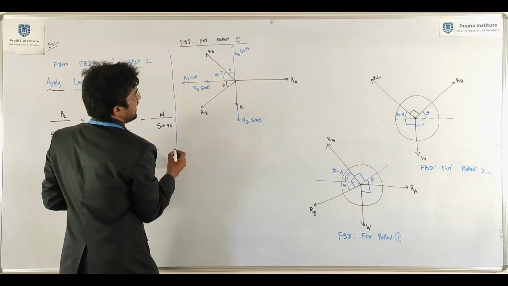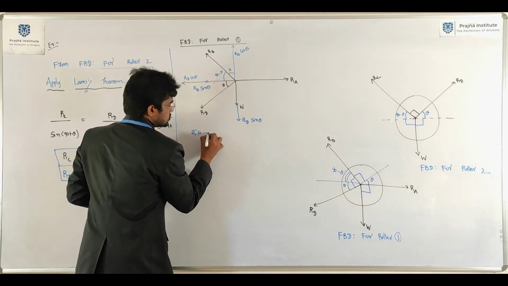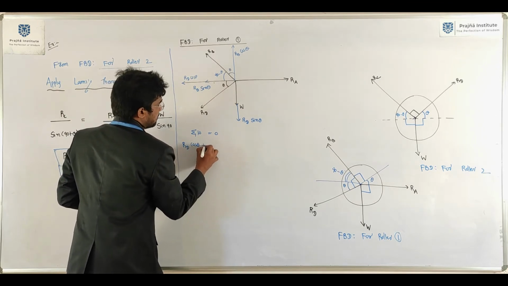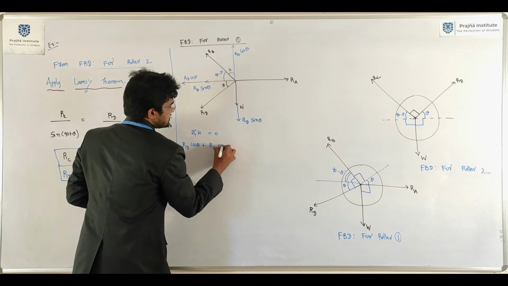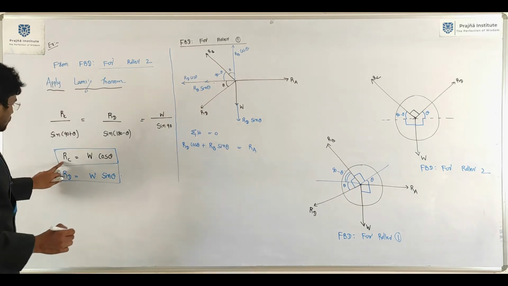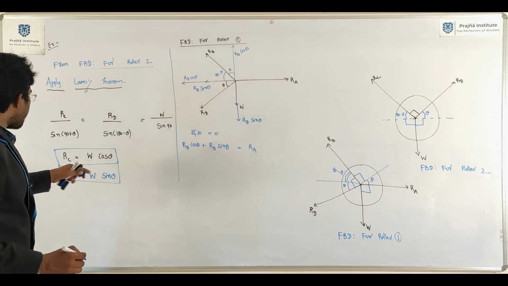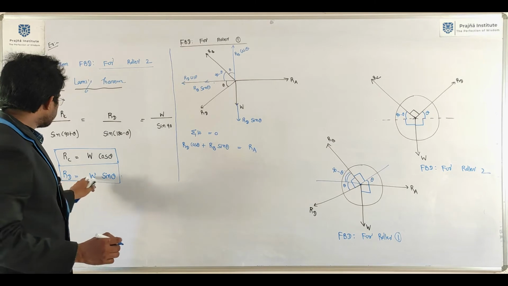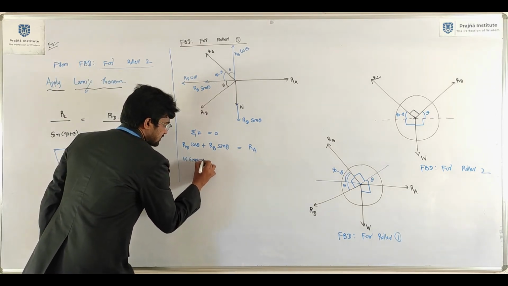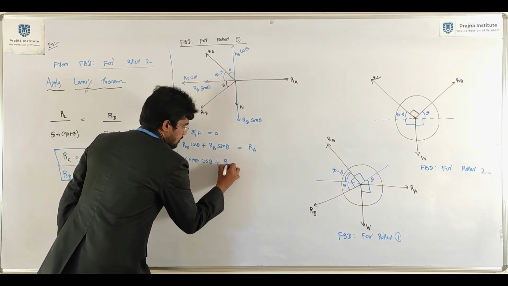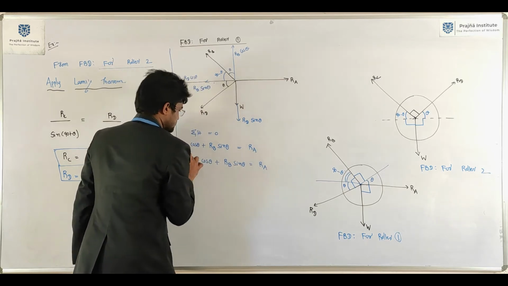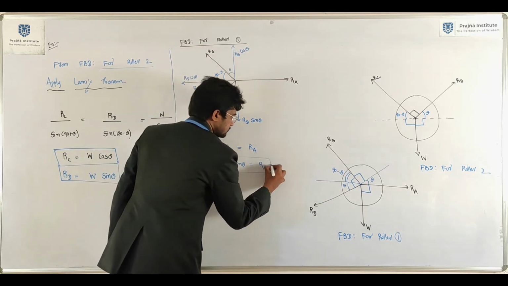Just apply sigma H equal to 0. In that case RD cos theta plus RB sin theta is equal to RA. From here you have RC and RD, RD equal to W sin theta. So W sin theta cos theta plus RB sin theta is equal to RA. This is equation number 1.